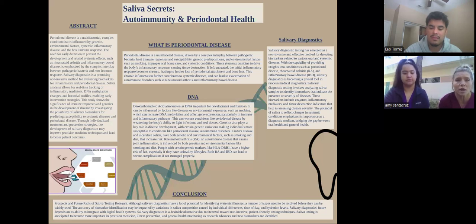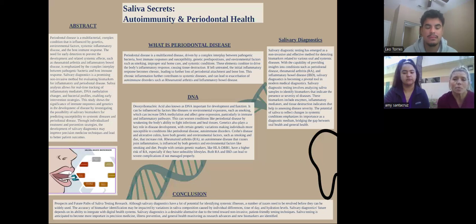Those are also known as the red complex. These bacteria not only evade the immune system, but actively contribute to tissue destruction through toxins and enzymes. P. gingivalis in particular has been associated with systemic inflammation due to its ability to disrupt the body's immune balance, potentially worsening conditions like rheumatoid arthritis and inflammatory bowel disease.